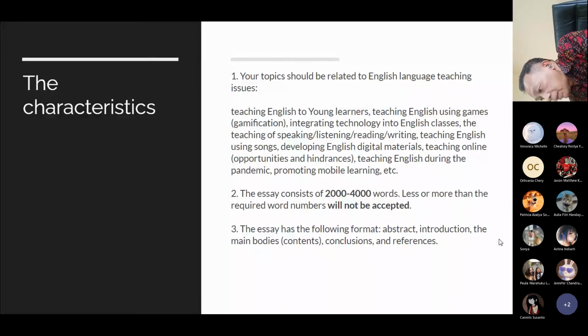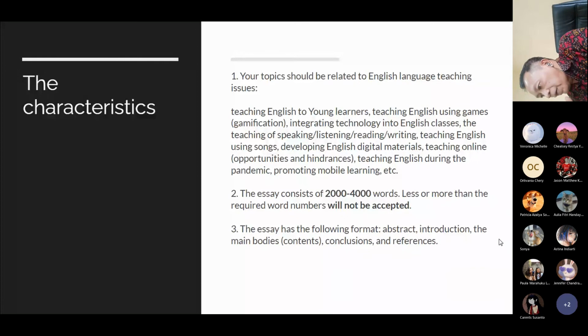Okay, once again, your essay should consist of 2,000 to 4,000 words. Less or more than that, I think it won't be acceptable.